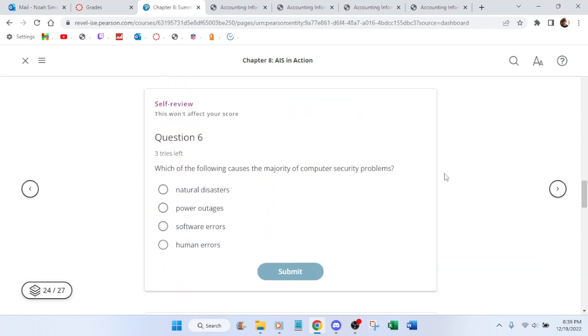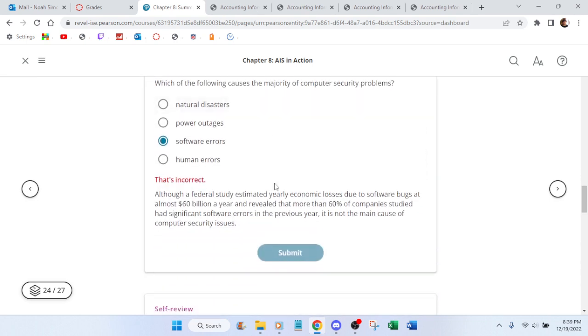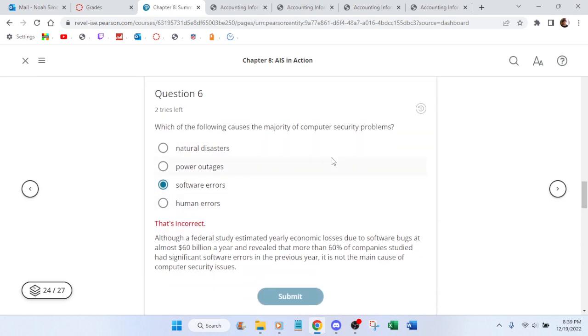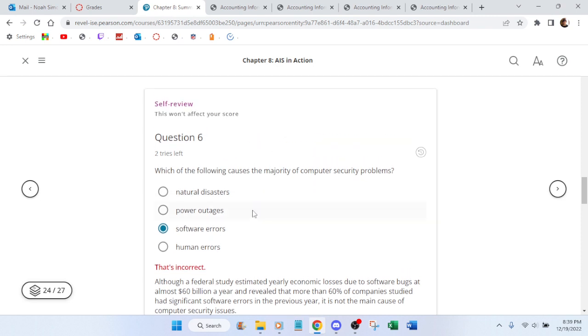Which of the following causes the majority of computer security problems? I have no idea. I don't know what the answer is. Oh, great, it's got to be this.